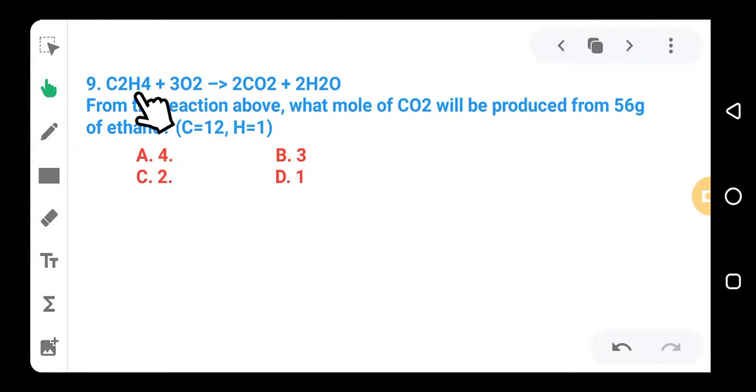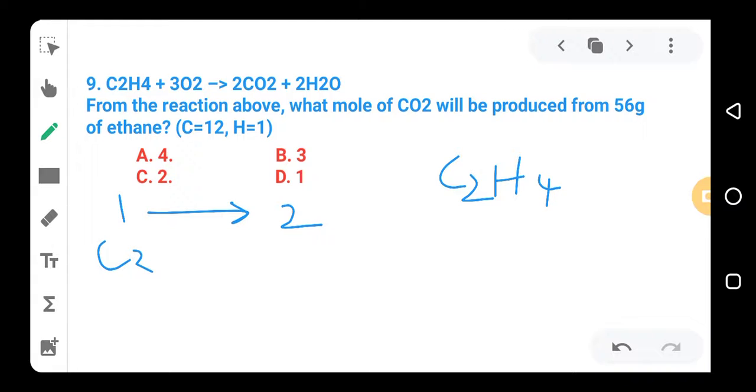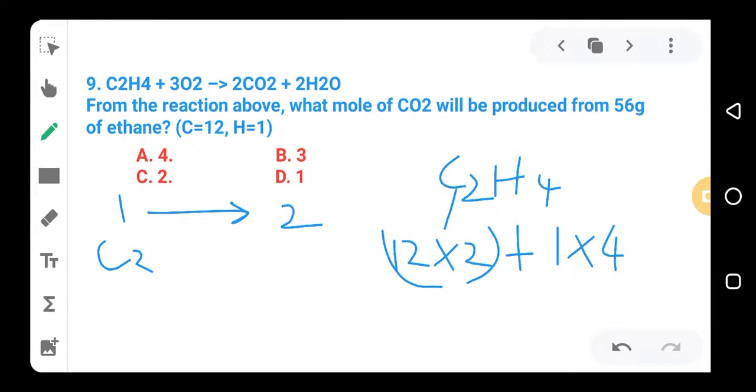Look at what I'm going to do now. 1 mole of ethane gives us 2 moles of CO2. 1 mole of ethane, which is C2H4, is the same thing as saying C is equal to 12, so we have 12 times 2, plus H is equal to 1, so we have 1 times 4.